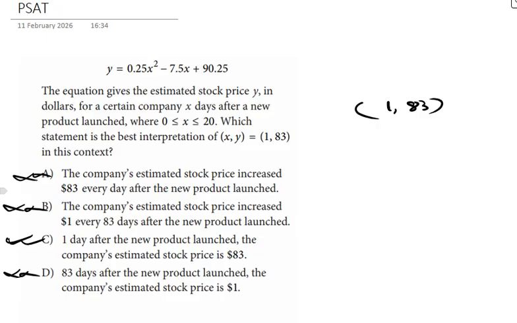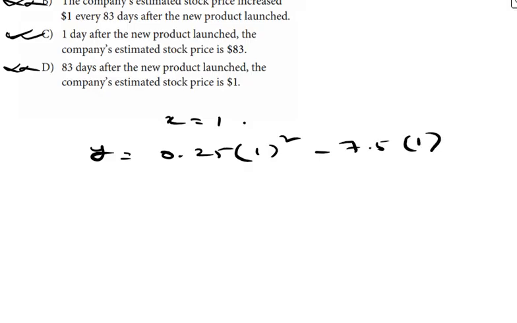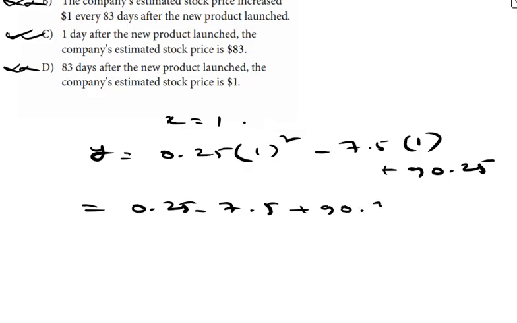Now, if we plug in x equal to 1 into the equation, y is equal to 0.25 times 1 squared minus 7.5 times 1 plus 90.25. So that becomes 0.25 minus 7.5 plus 90.25.